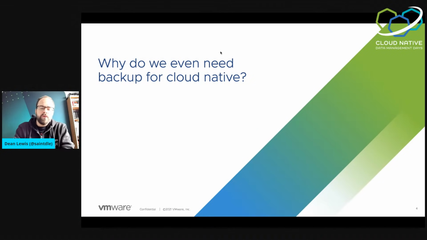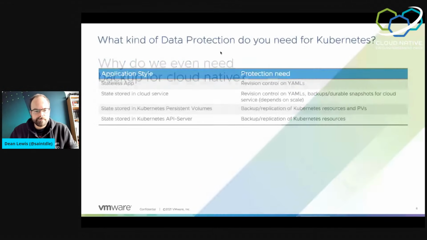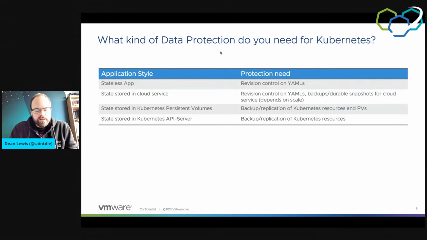So let's start off with the big question. Why do we even need backup for cloud native environments? Well, in our cloud native environments, we've got a couple of different styles of applications that might be deployed and used by our developers and also our end users within the business.